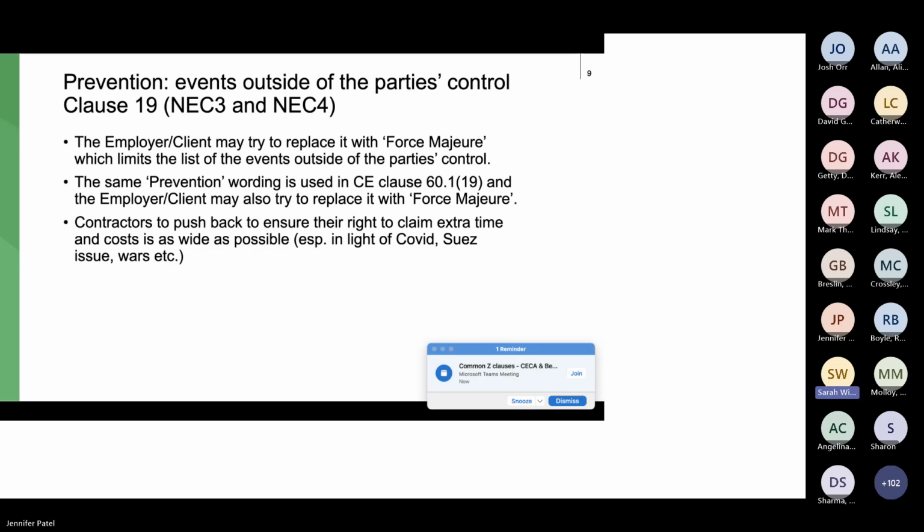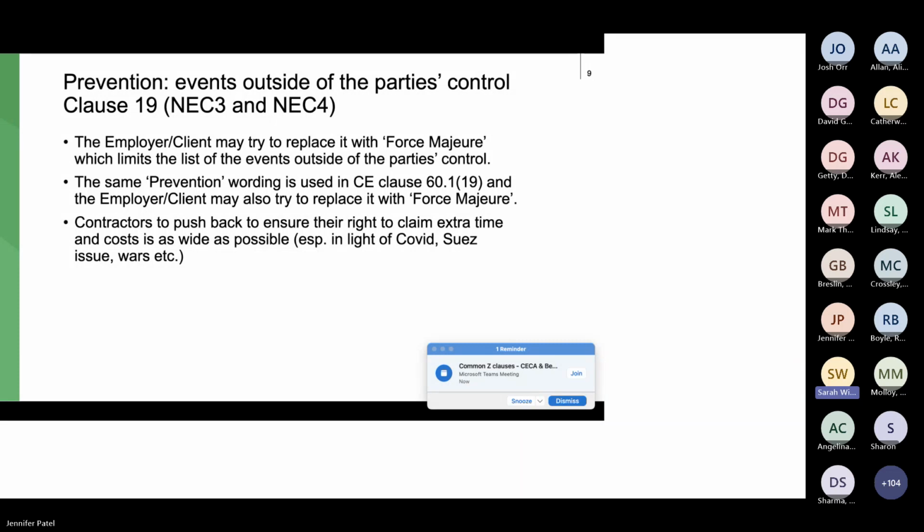So basically, this clause, as with the other clause, works in conjunction with a compensation event. So the compensation event is 60.119. Now, what we're seeing here is one type of Z clause which just removes the right to make any kind of claim, to say that the contractor bears all of this risk.